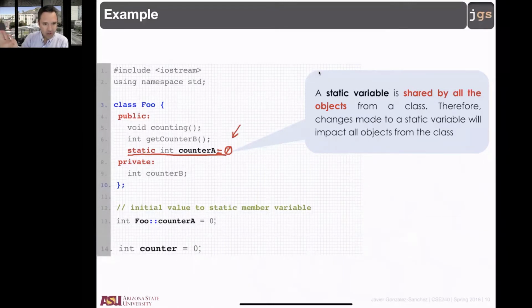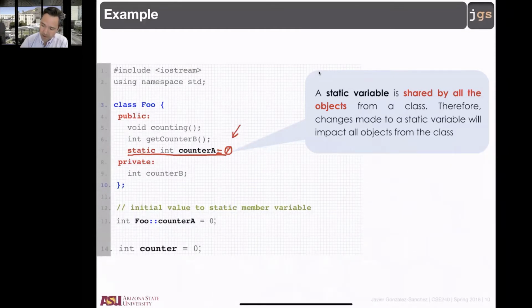You cannot give a value there. Why? Well, because every single time that you create an object, you are reading this line 7. And you want to put a value in the variable only one time because there is only one variable. C++ is not going to allow you to do that, but Java allows me to do that. A lot of things are not exactly good with Java. This thing cannot be done.